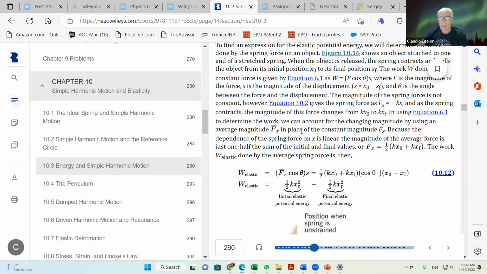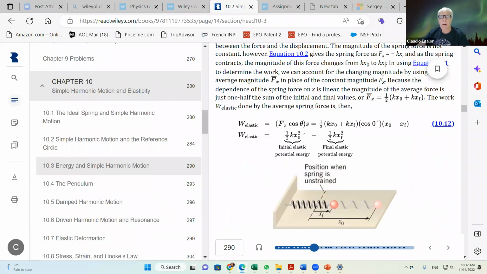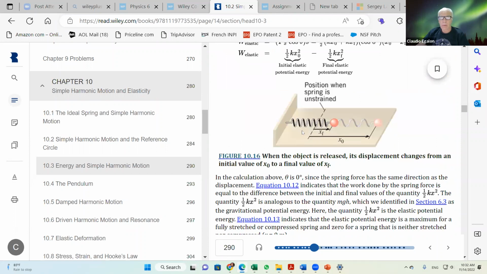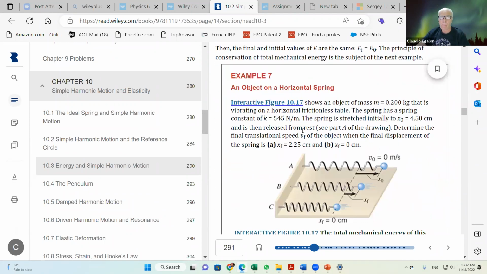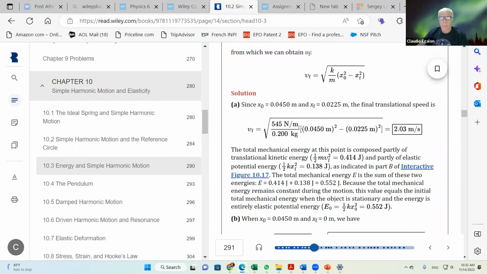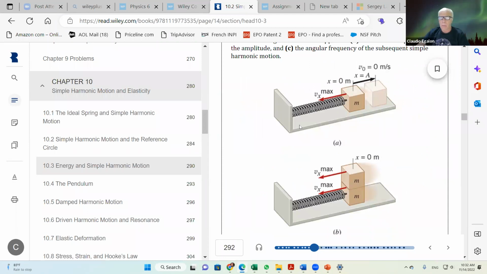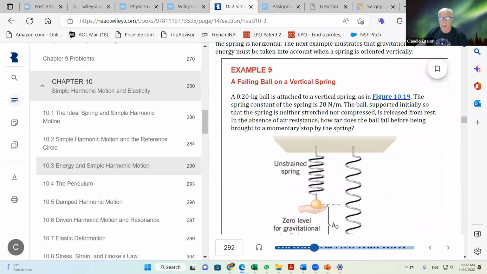Okay. What else do we want to do here? Here you go. Energy. So we have some other examples here that we can make.